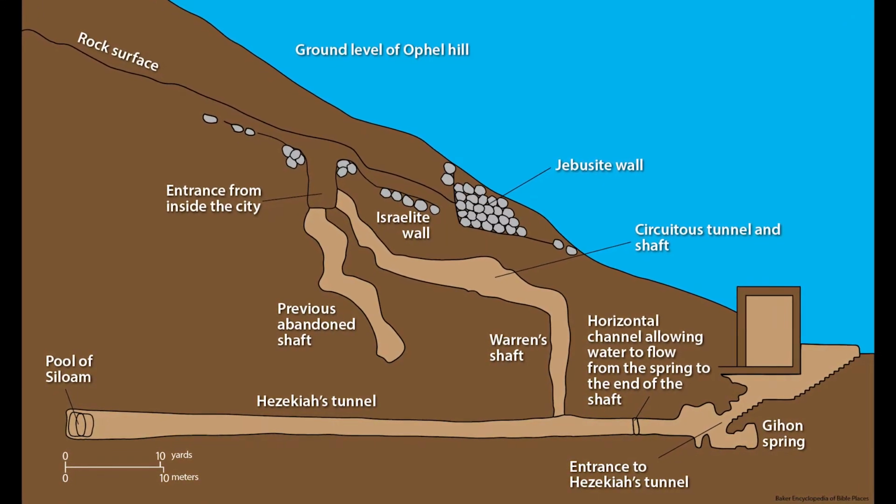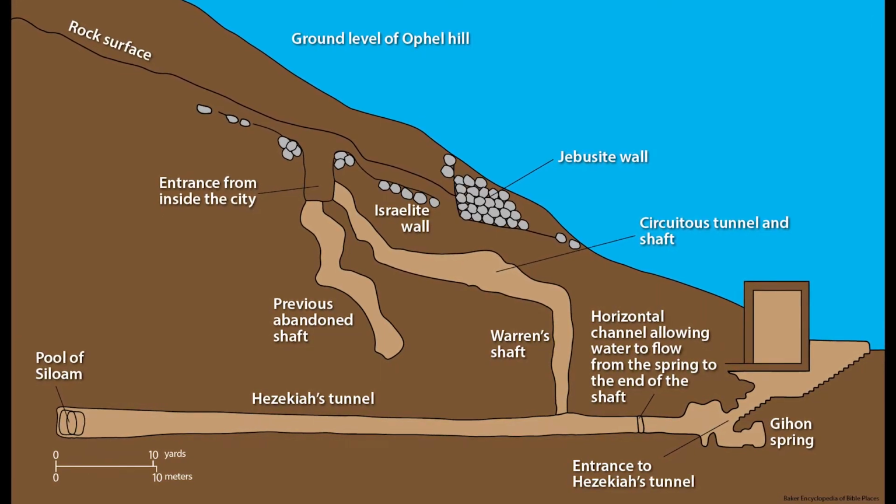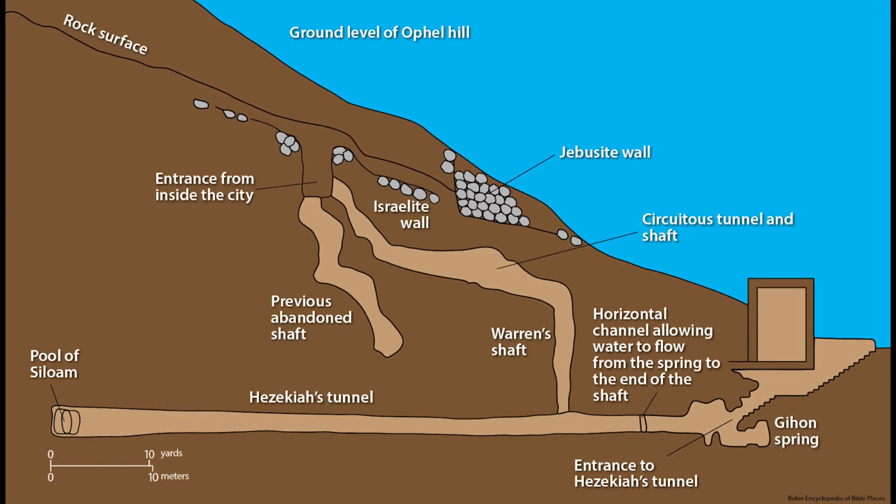The idea is that's how the Jebusites brought water into the city, because you didn't want your walls all the way down low. Notice the Jebusite wall is a little bit higher than the Gihon spring. You really can't protect your city with the walls at the lowest point. So what they did is they accessed their water through this shaft that we know as Warren's Shaft.